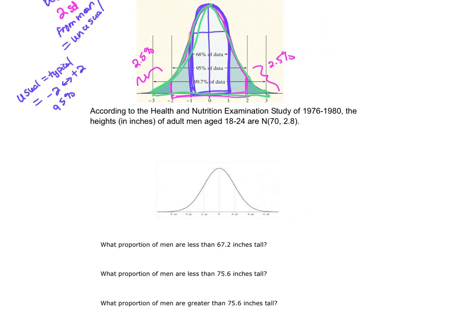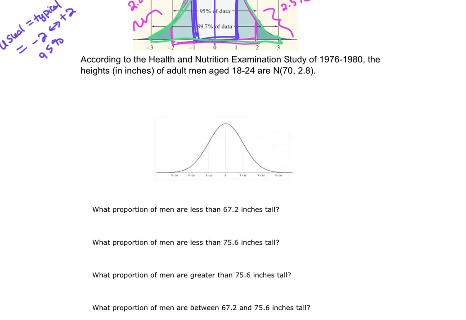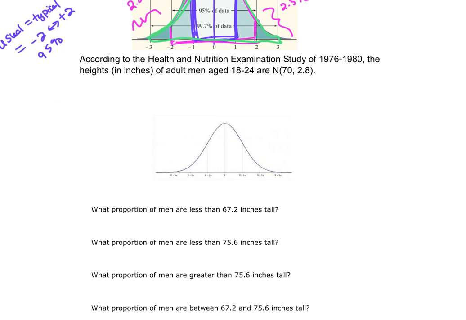Here's the other thing to notice. There's kind of a notation that is used that's understood. So if you notice, it says, according to the Health and Nutrition Examination Study, the heights in inches of adult men are, here's this notation.